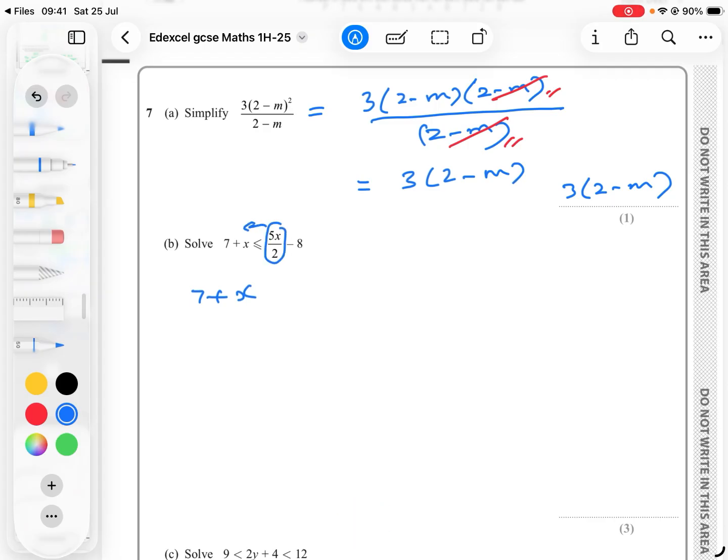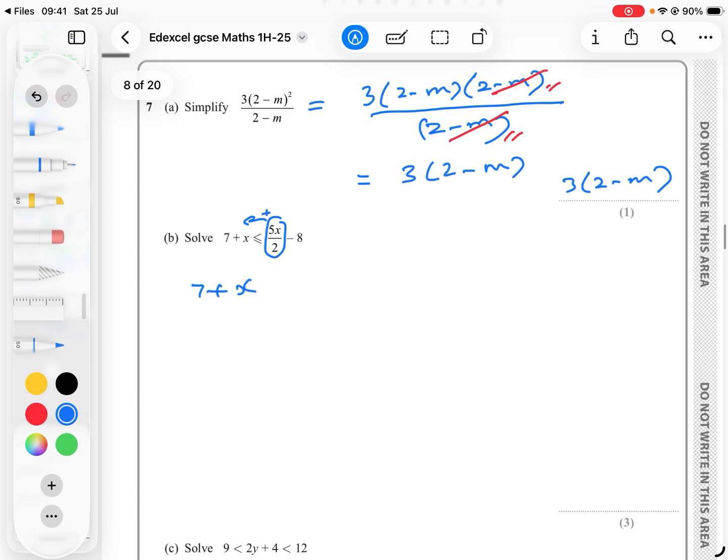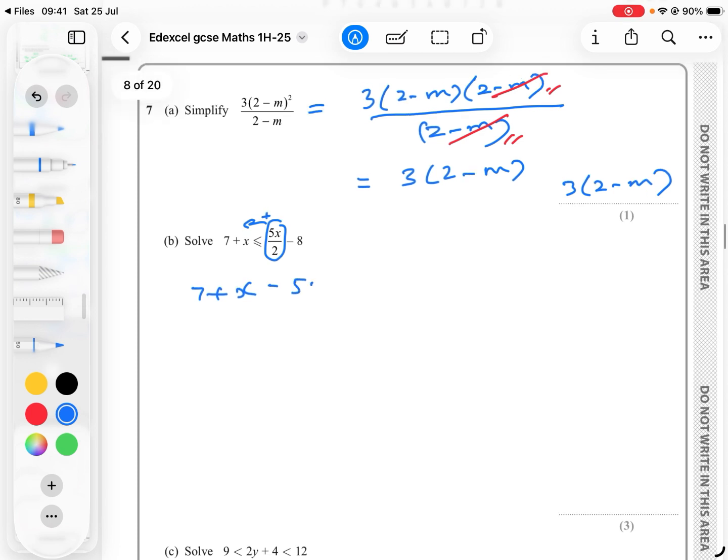The positive one moves to the left and becomes 5x divided by 2. You still need to write the less than or equal sign. So 5x over 2 moves, and now the right hand side has only minus 8.